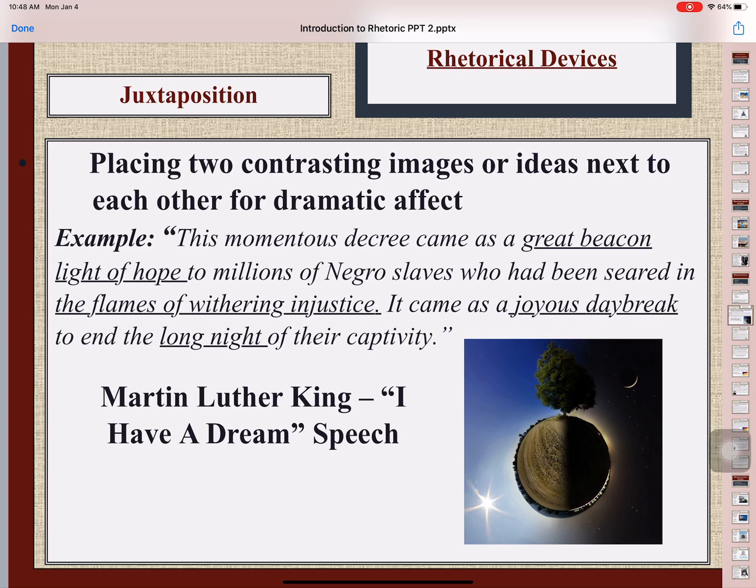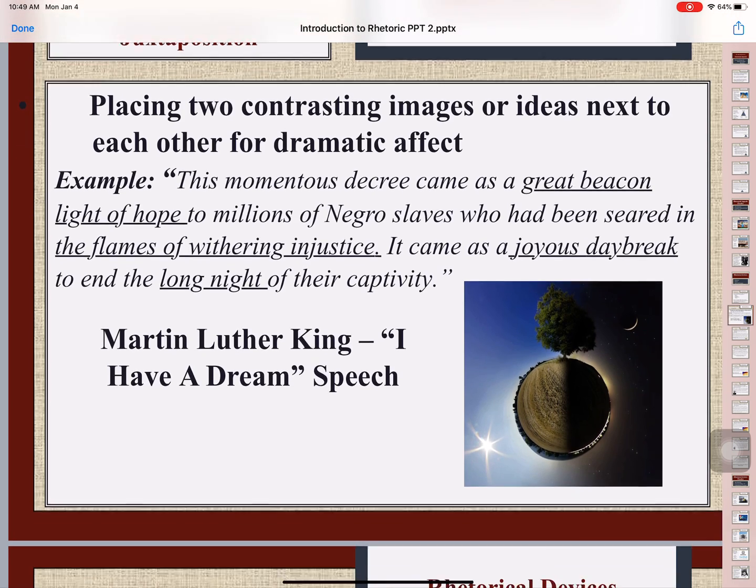It came as a joyous daybreak to end the, here's the juxtaposition, the opposite, to end the long night of their captivity, right? Like positivity with negativity, light, hope, a beacon to the darkness of night. You see those 2 contrasting juxtaposed images there? That's called juxtaposition.